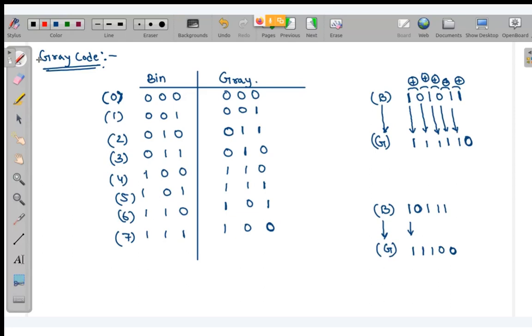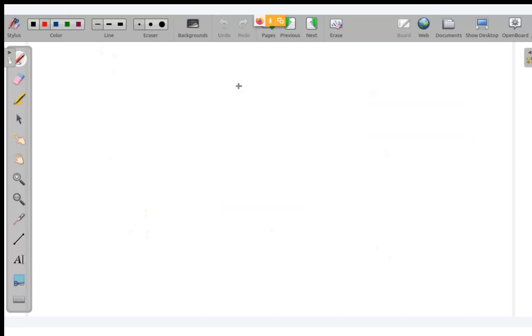So that is why, if I rotate this and bring it over here, look very carefully.